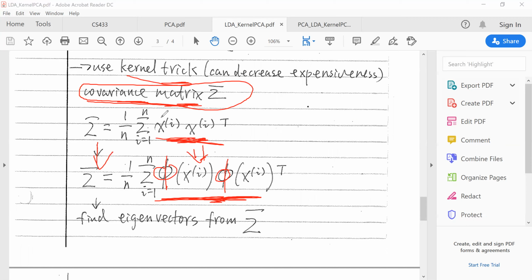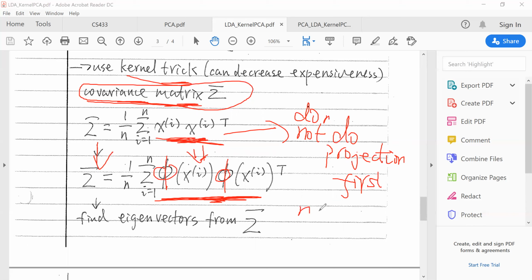Okay, so over here, you do not do projection first to find a new covariance. No, you don't do that.